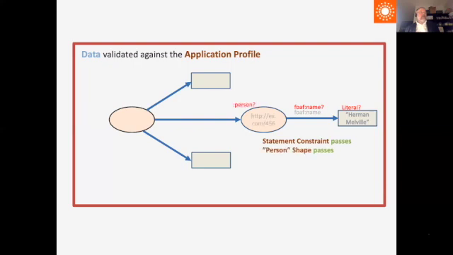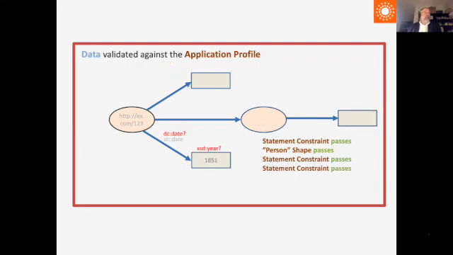And because that's the only property, it also passes the person shape. The person shape is also valid. Then you have, yes, the DC title, there is a DC title. It's used once with a literal value. So the statement constraint passes. And same as the date.